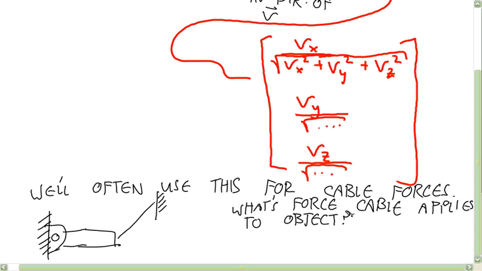Does that make sense? So let's call this point A and this point B. We don't want to just use Fx, Fy, so you know it's the force we're talking about.